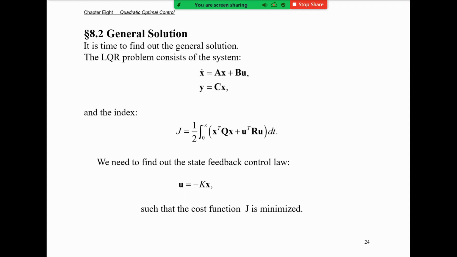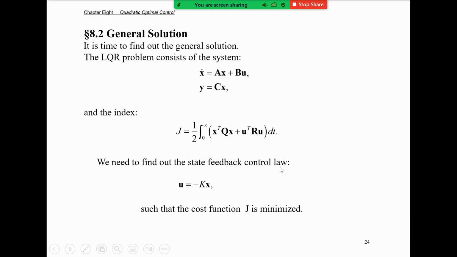Okay, now let's move on to talk about the solution. So here is the problem. This is a system described by this A, B, C, which you are all familiar with. And we want to minimize this cost function with Q positive semi-definite and R positive definite.